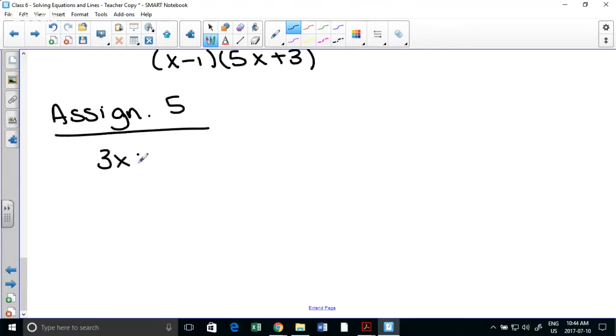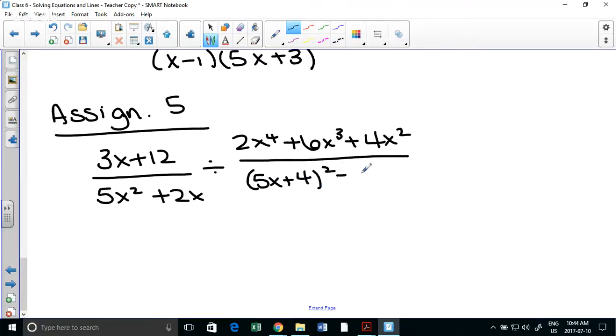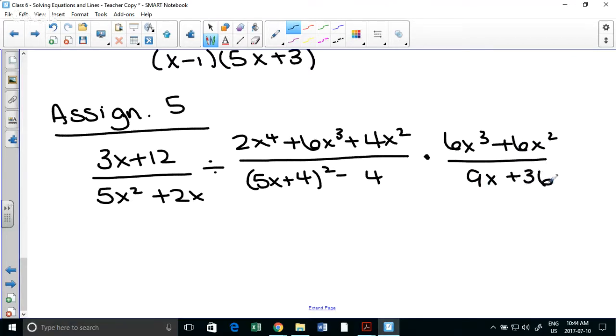So we have 3x plus 12 divided by 5x squared plus 2x divided by 2x to the 4 plus 6x cubed plus 4x squared divided by... So this is a huge rational expression. Hopefully you won't get something this complicated on the final, but you never know.